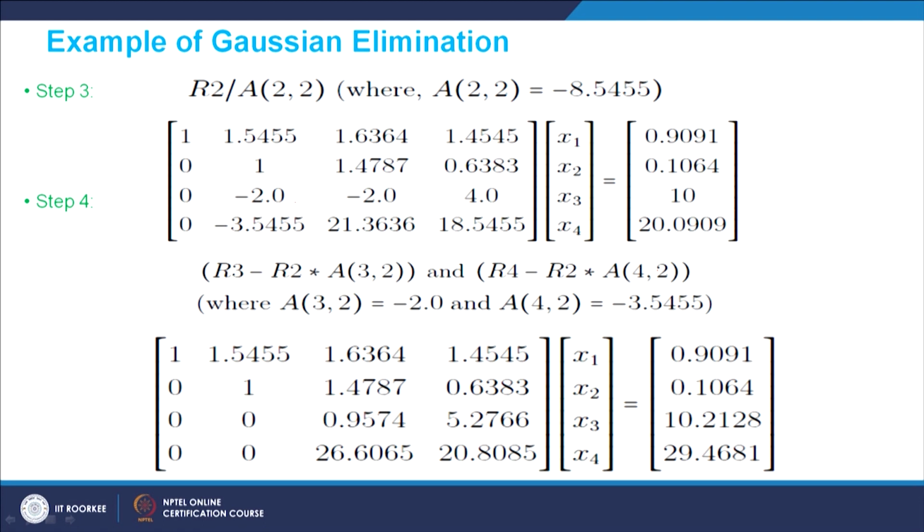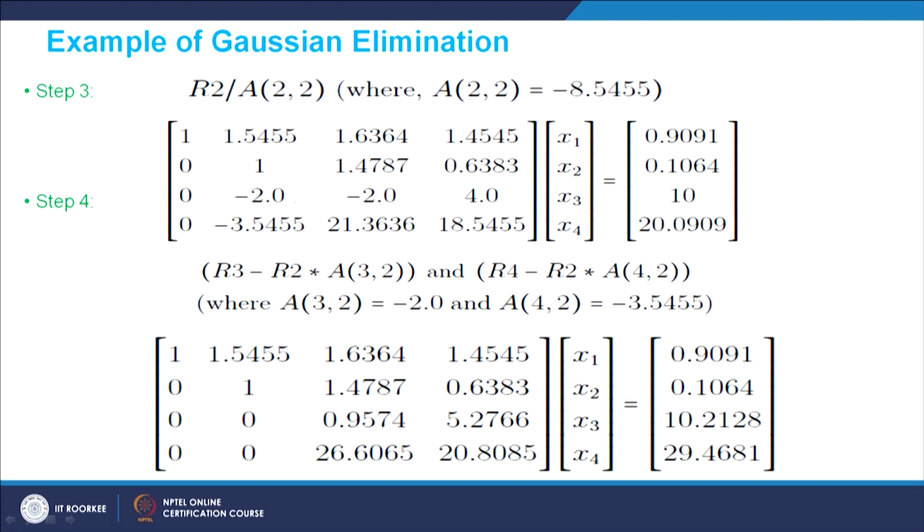Once we get this, we simply subtract this row from this row, so we get another 0. Then this value changes, this value changes, and this value also changes. So you see, after these 2 steps we get these 2 and these 2 to be unity, and all these elements to be 0.